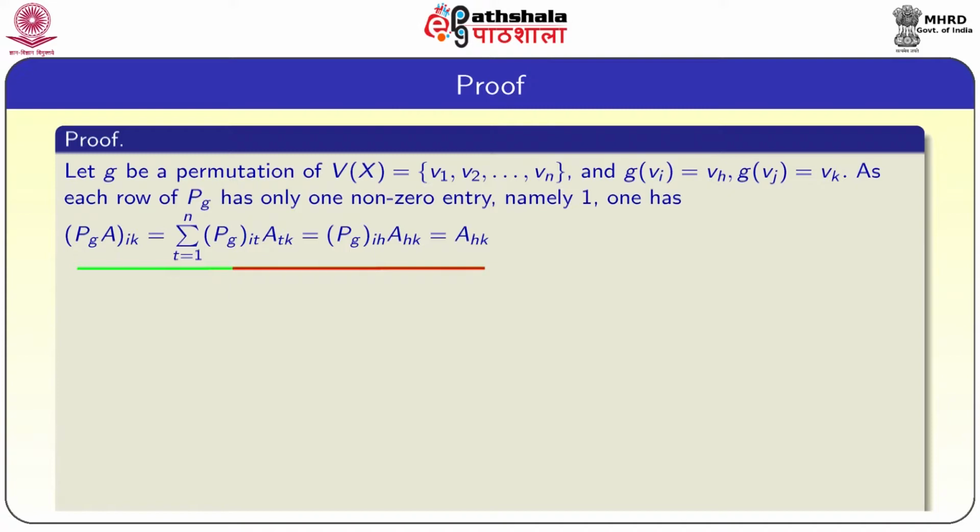Since the ith row of Pg contains exactly one 1, it becomes 1 only in the hth element, that means Pg(ih) is 1, and all the remaining are 0. That is why this is equal to Pg(ih) A(hk), which is equal to A(hk).